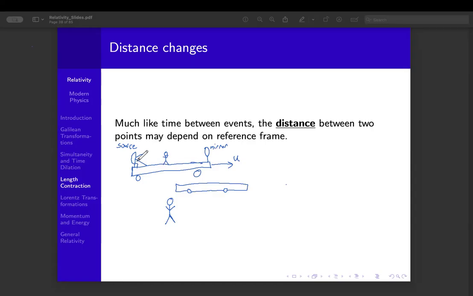If you're an observer on the car, well, the mirror is not moving relative to you, and neither is the light source. So if we call the length of that train, let's go ahead and call it L0, then that should imply that the light goes to the mirror, the light comes back. That total time it's going to take is going to be delta t0.